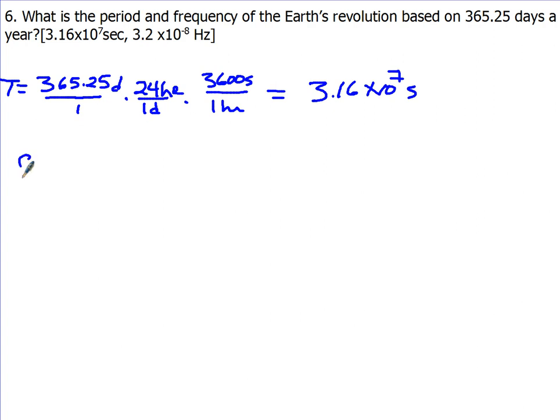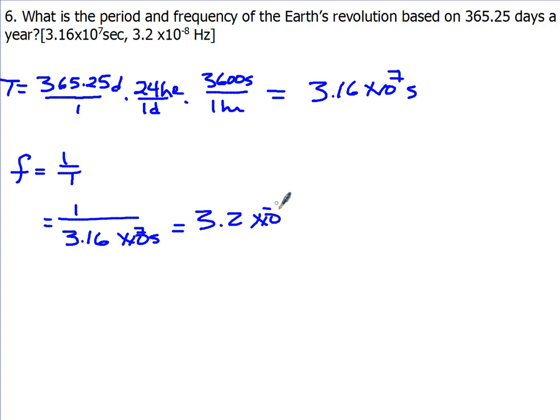Again, to find the frequency, the easiest way to do this one is frequency is 1 over period. So the frequency is 1 divided by 3.16 times 10 to the 7th seconds, or 3.2 times 10 to the negative 8 Hertz. Now, if you're doing this on a test or a quiz, you don't want to type everything back in.